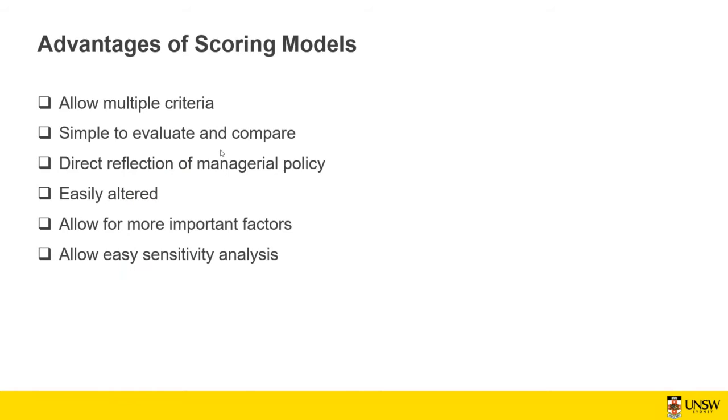For example, if you see that maybe your weighing is not that fair, you can change your weighing or your scoring. It's a little bit subjective, and all the scoring models are more or less the same. They are subjective to the person that gives the score.